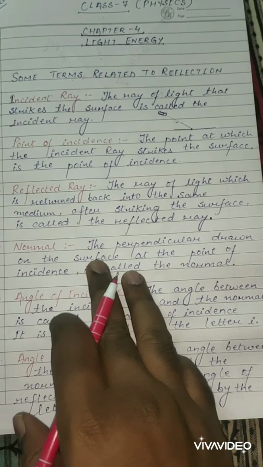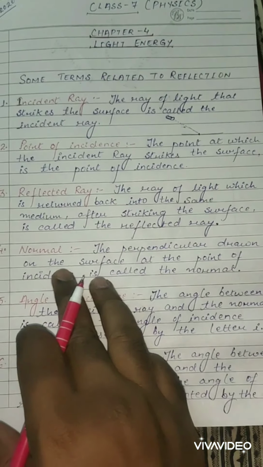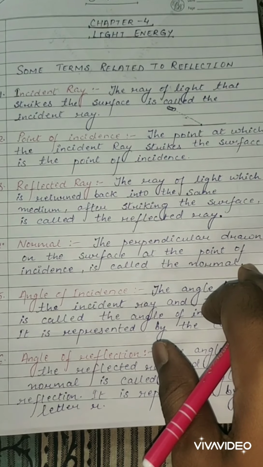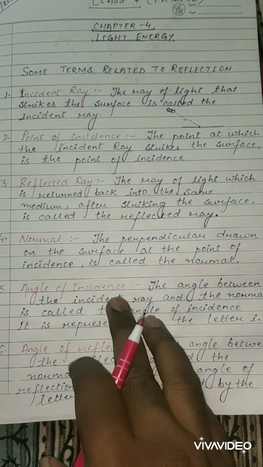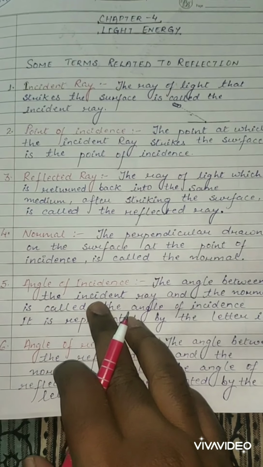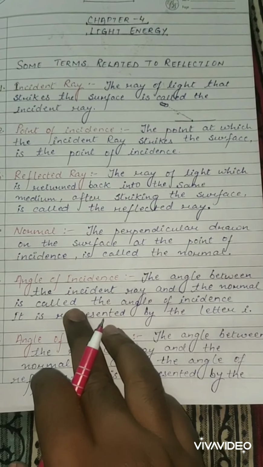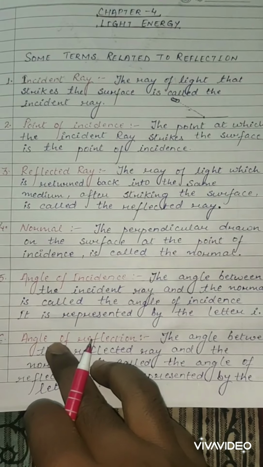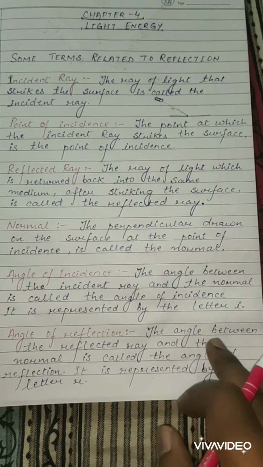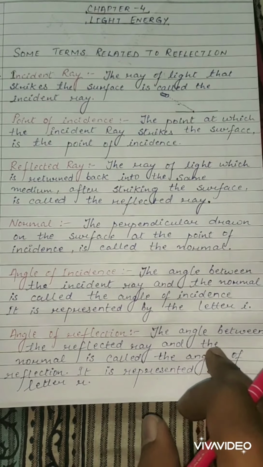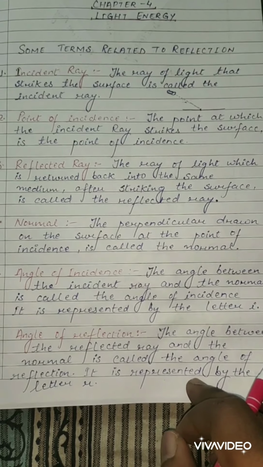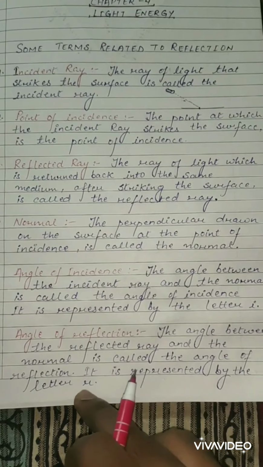Then the normal: the perpendicular drawn on the surface at the point of incidence is called the normal. Angle of incidence: the angle between the incident ray and the normal is called the angle of incidence. It is represented by the letter I. Angle of reflection: the angle between the reflected ray and the normal is called the angle of reflection, and it is represented by the letter R.